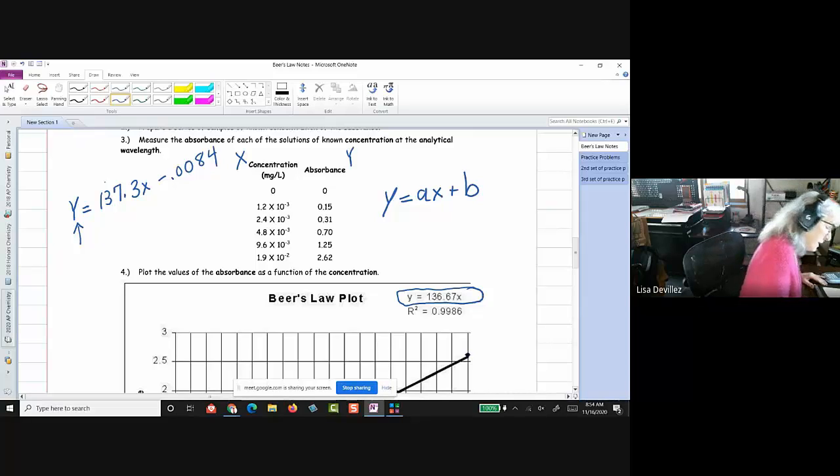All right, so you can do this with your calculator, or you can just do it by plugging in numbers. Say my unknown gives me an absorbance of 0.85.